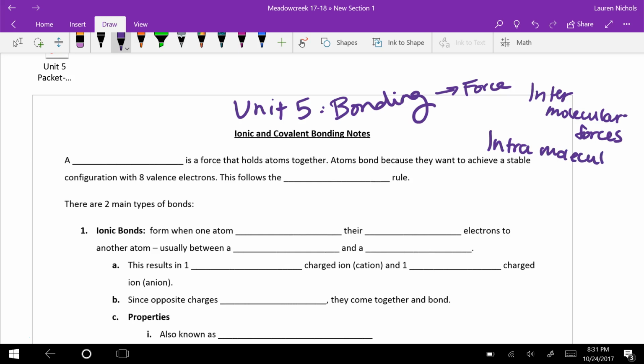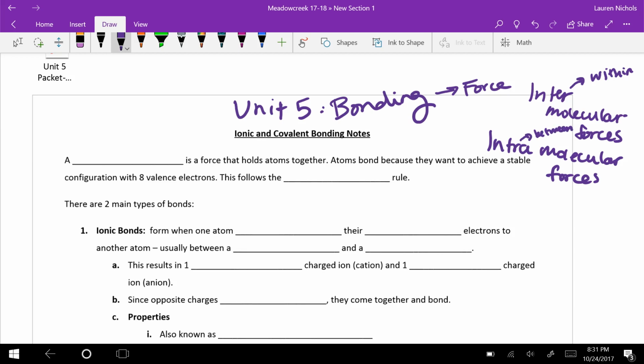Now, those words sound very similar, but the key thing that you're going to want to know is that inter means within the molecule, and intra means between molecules.